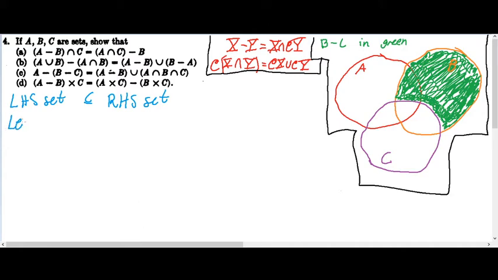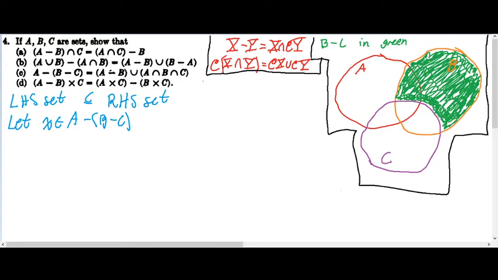Let's take any x in this left-hand side set, so any x in A minus B minus C. If we can show that this general x must also be in the right-hand side set, then since the only property this x has is that it's in the left-hand side set, we've shown that all x in the left-hand side set must also be in the right-hand side set. So let x be in A minus B minus C.